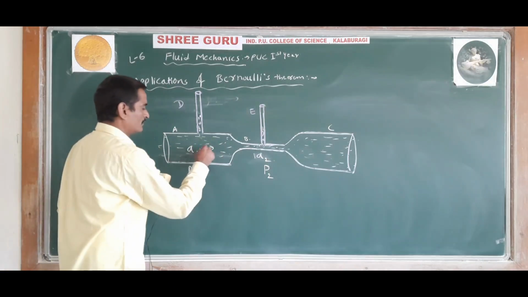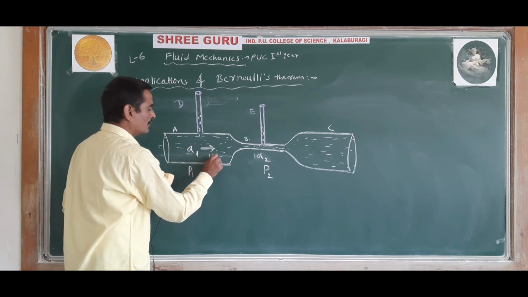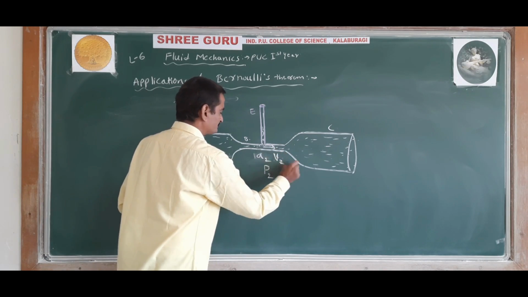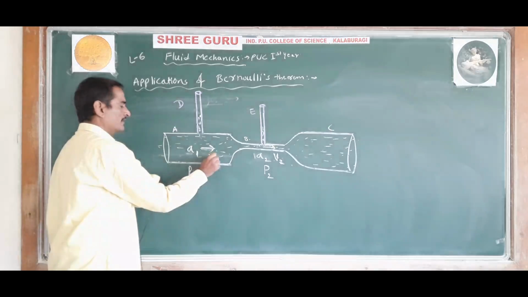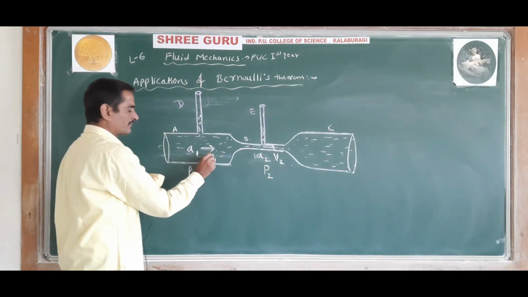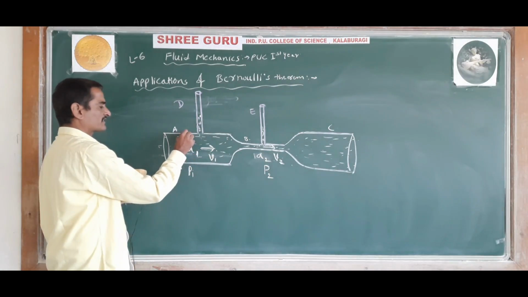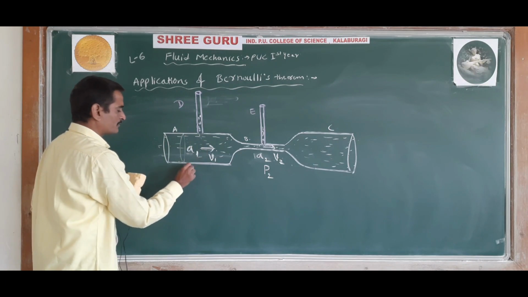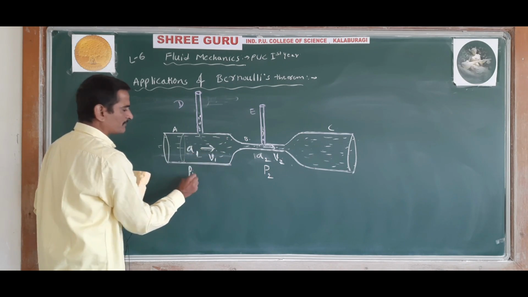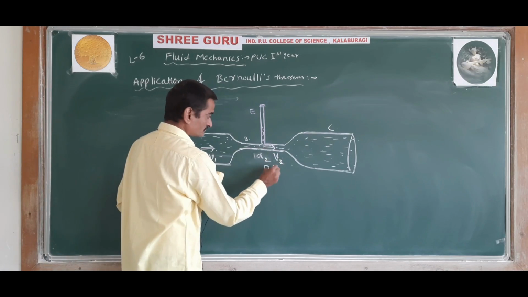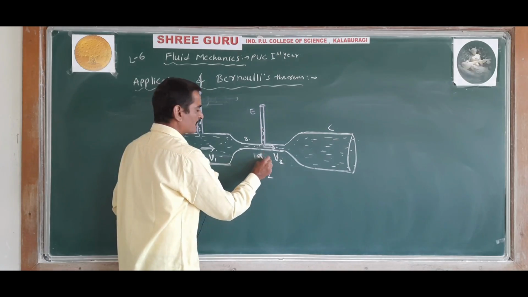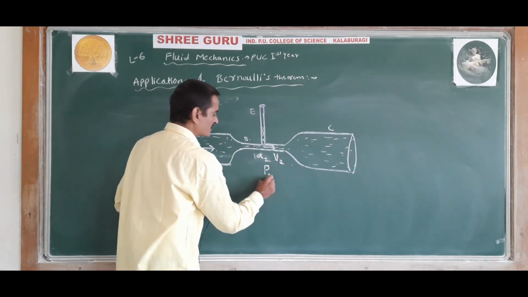Velocity of liquid in the larger tube A is V1, area of cross section is a1 and pressure is P1. Here the velocity of liquid is V2, the area of cross section is a2 and pressure is P2.